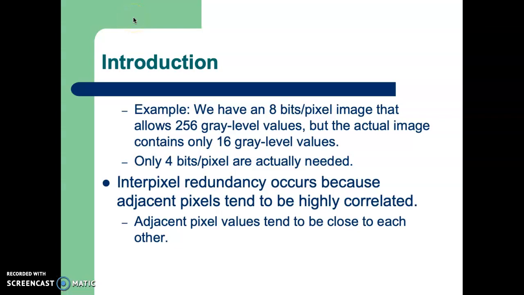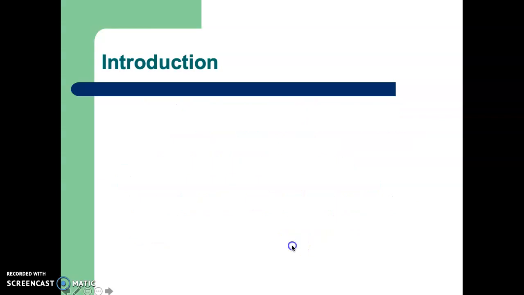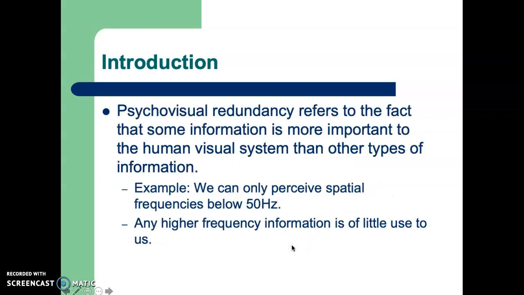So instead of encoding pixel by pixel, if you do the compression, all the green color can be represented as maybe one pixel. Because of the high correlation, you can compress your image by representing one pixel as the green color.